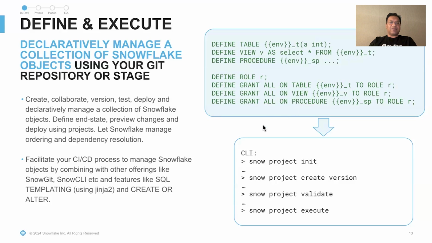And then we will be adding first-class support within the CLI, which allows you to init this project, run, execute, or do a dry run. And this will allow you to facilitate your CI/CD process to manage Snowflake objects by combining SnowGit, CLI, templating, and define and execute all together. And this is something we'll show as a sneak peek in the upcoming demo.